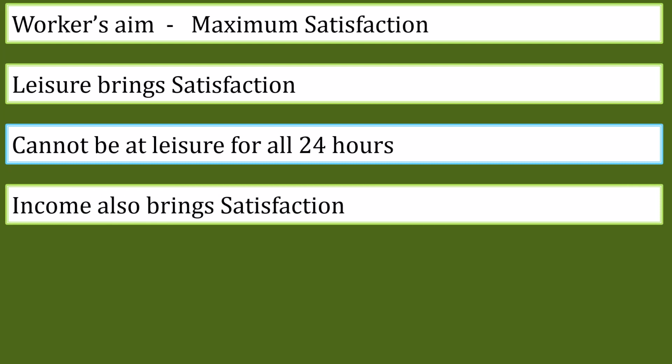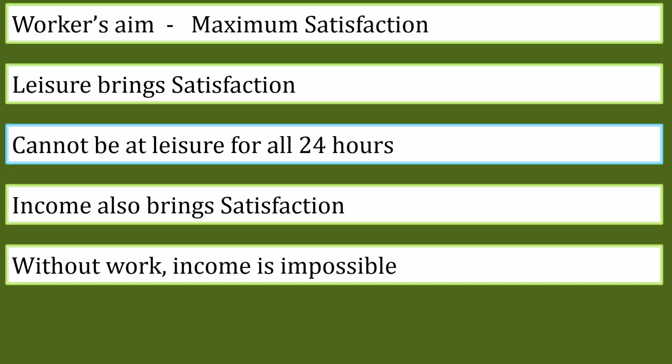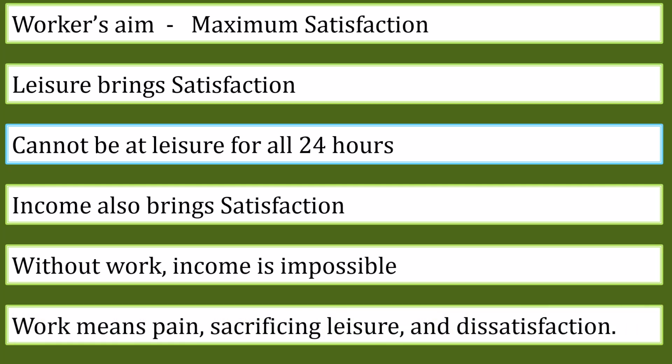Income also brings satisfaction because it helps a worker maintain a certain living standard. But the thing is, without work, income is impossible. Work means pain, sacrificing leisure and dissatisfaction. Under such conditions, how should a worker achieve maximum happiness or satisfaction?